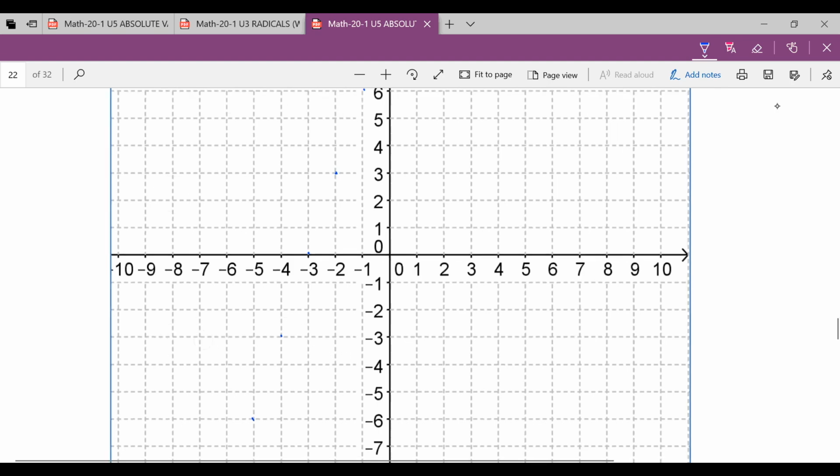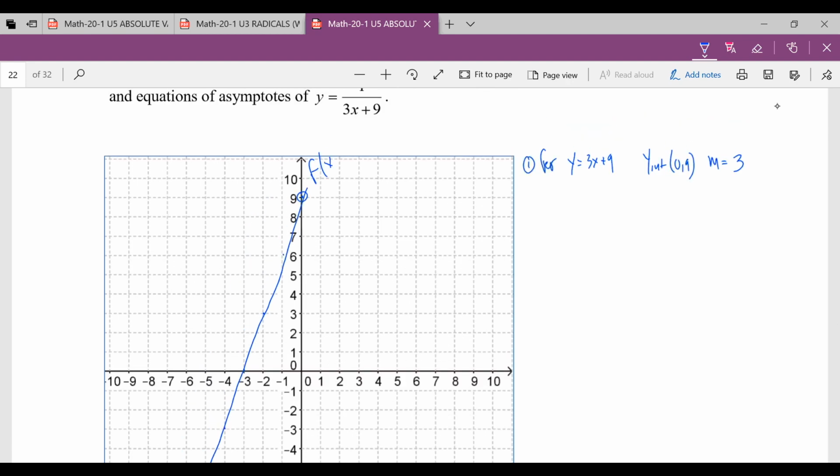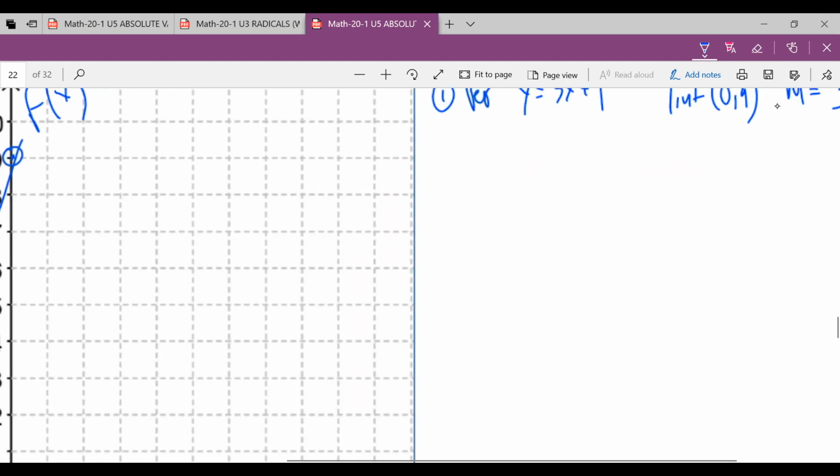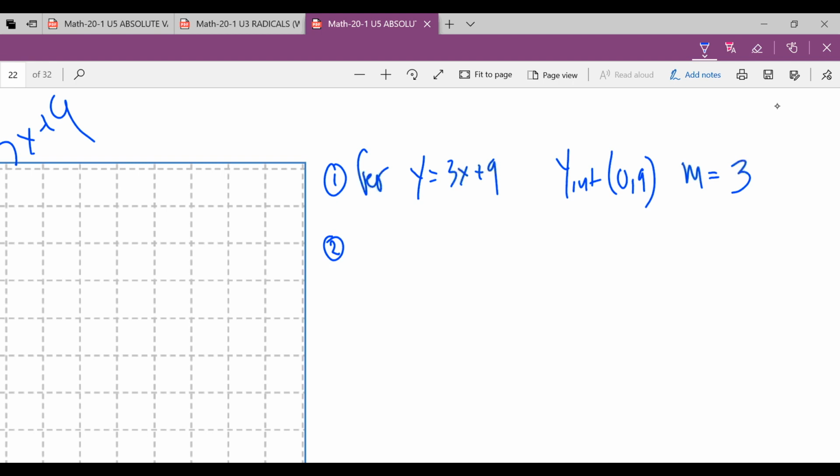All right. So what does this look like when I draw it? It's going to look something like this. Let's label it: f of x equals 3x plus 9. Well, our next step now will be to figure out our invariant points. So we know we get invariant points when y equals plus or minus 1.